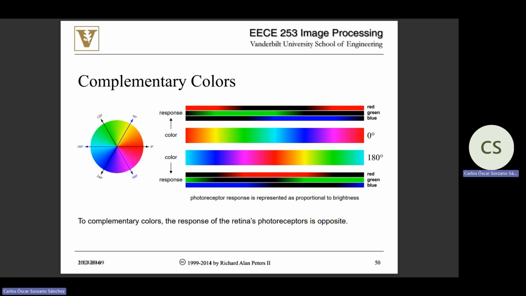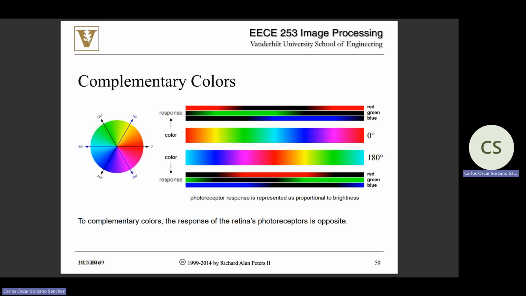Let's say that we have all the colors. We excite with all these colors, and we measure the firing rate of the different cells. So this is red.